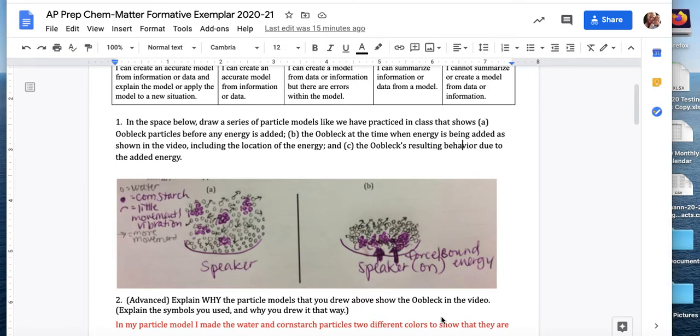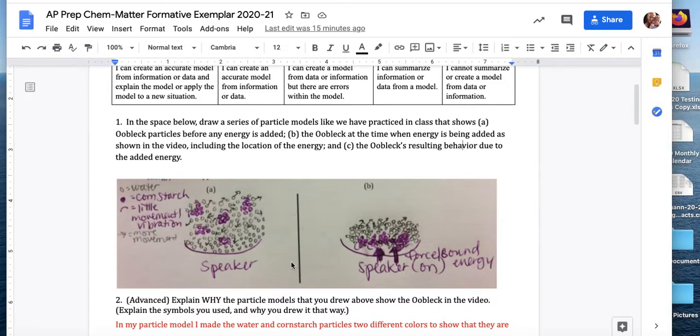Some of the common things that I saw were in the models in number one. I saw a lot of people who did not show any movement, and oobleck particles, because they are solid and liquid, are always moving. More so, I would say, in the first picture than the second picture. So I should see some sort of movement.